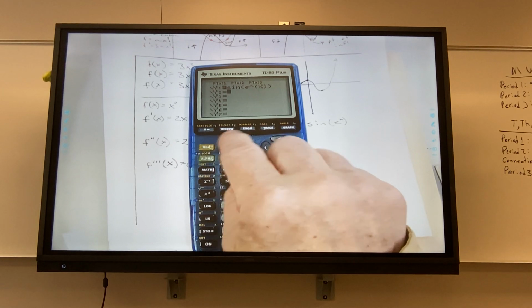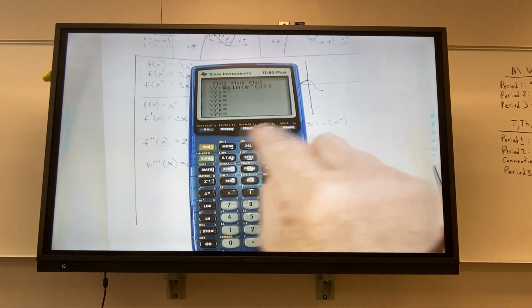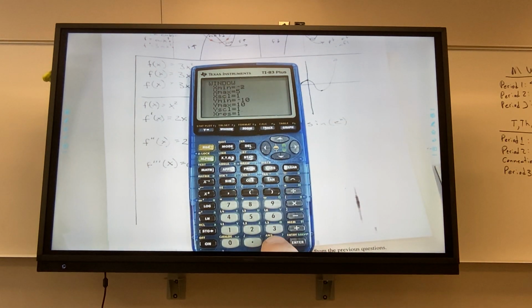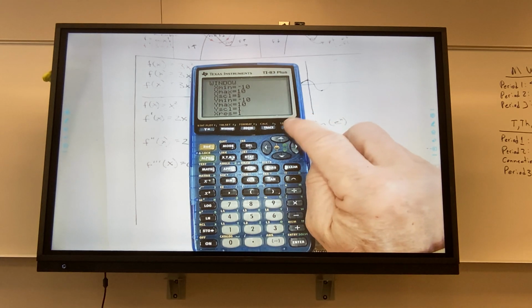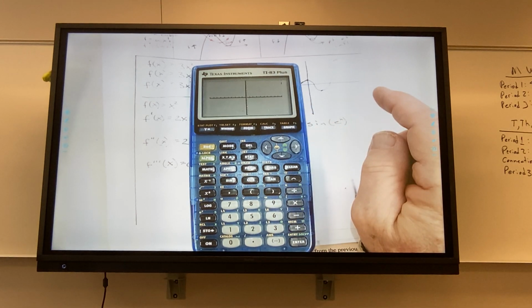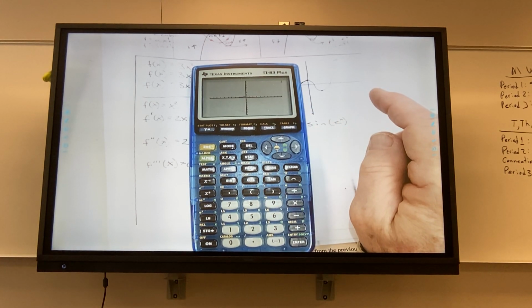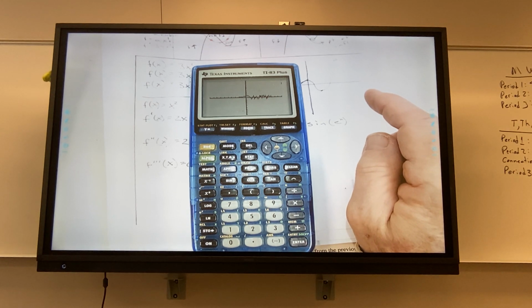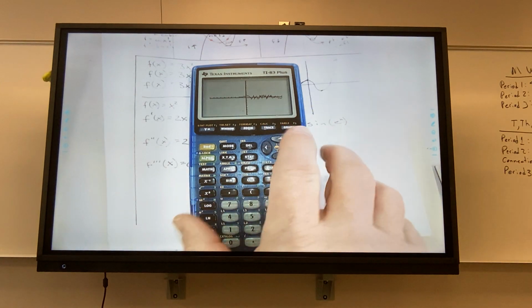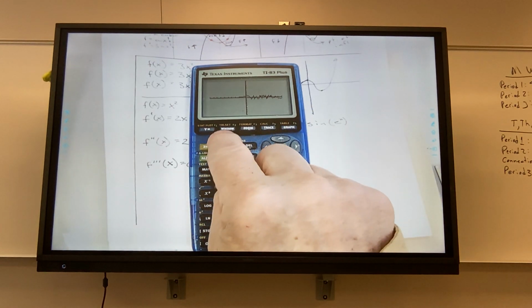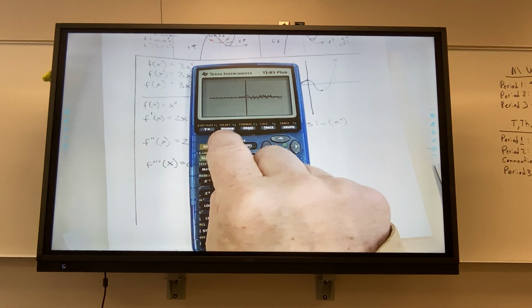And let's look at my window. I think my window's okay. I want negative 10 to 10, just like that, just a standard window. And I'm gonna graph it. Oh, that's terrible. So I'm gonna change that window. I just did the trig function, so do the trig view window for my Casio.